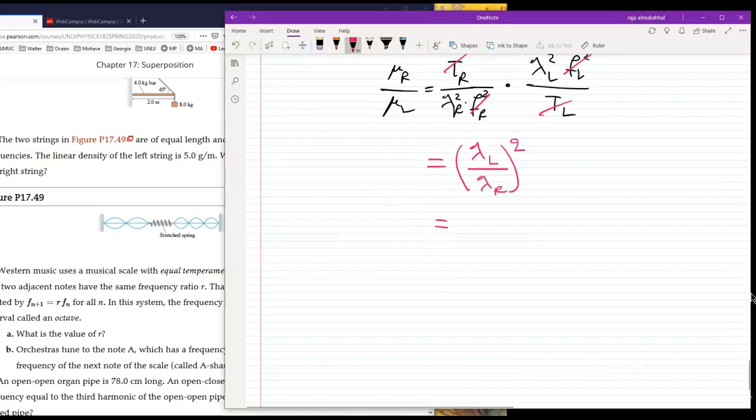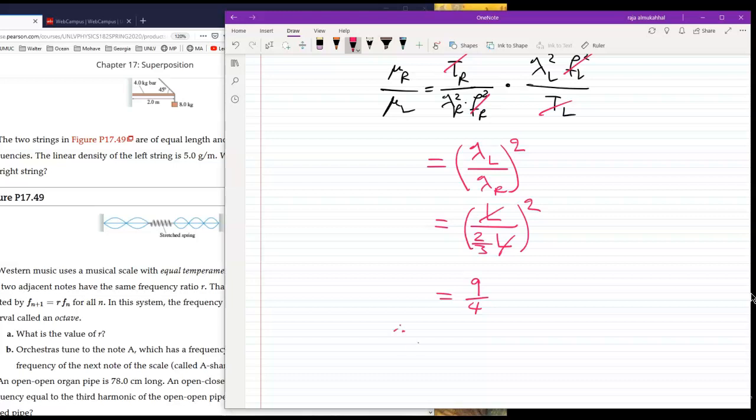So I'm going to get here L over 2/3 L. Is that right? Did I do it right? Oh, yes. I have it in my notes there. And then squared, the L's cancel out, so I get 9 over 4.